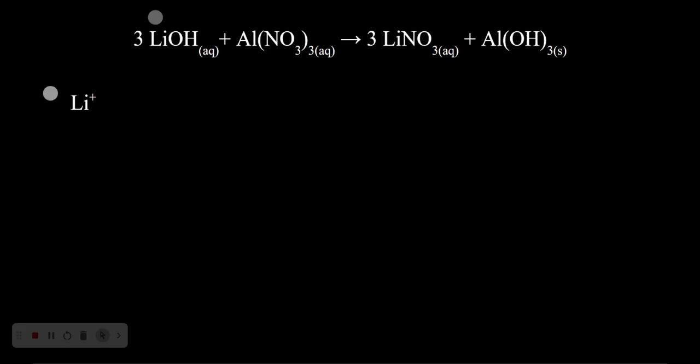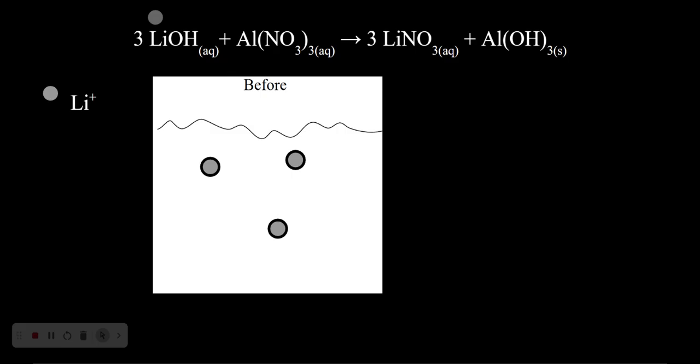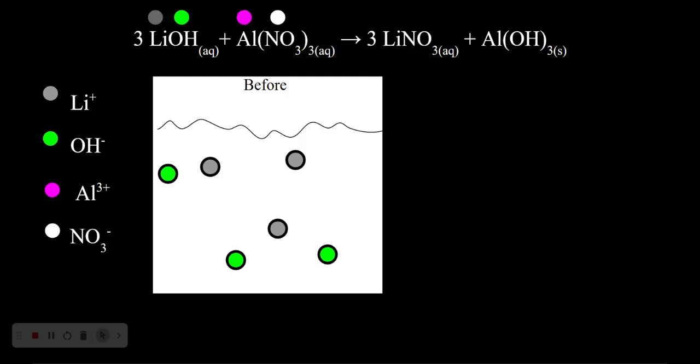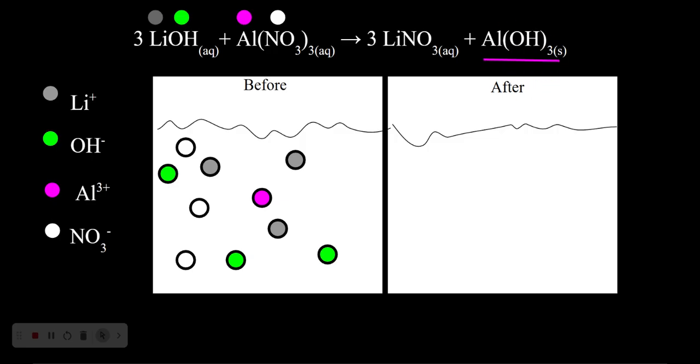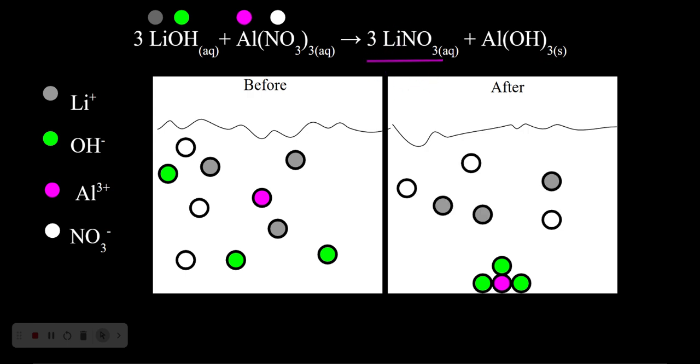All right, let's do another one. Here we've got lithium. It's the gray circle. There should be 3 of them in there, and they're aqueous. Hydroxide, its counterpart, is also aqueous. And the aluminum and the nitrate, there's going to be 1 purple and 3 whites. In the after, we're going to start with this solid. Since it's a solid, it's going to be down at the bottom, all amassed together. Whereas the lithium nitrate is aqueous, so it just stays in solution.